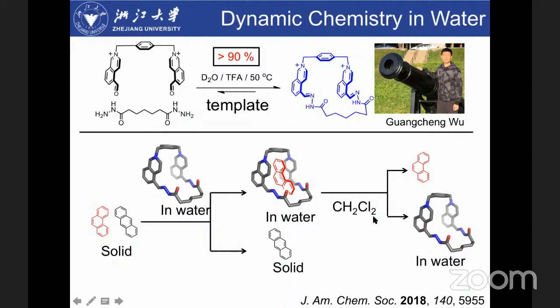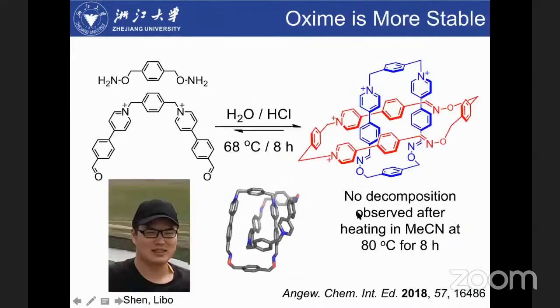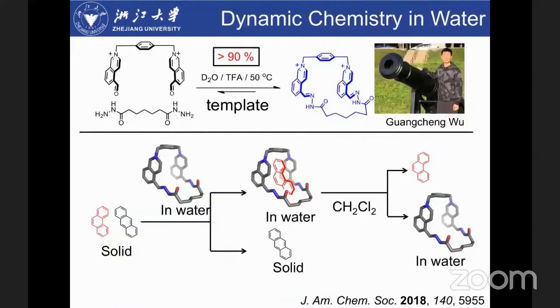Finally, we use dichloromethane to extract the guest from water into organic solvent. We can reuse the empty host for another cycle of separation. And after a few cycles, this hydrazone will undergo exchange, and we get oligomers and polymers.